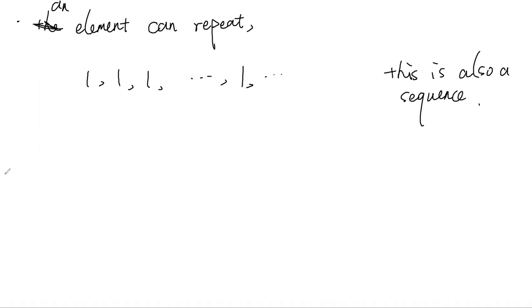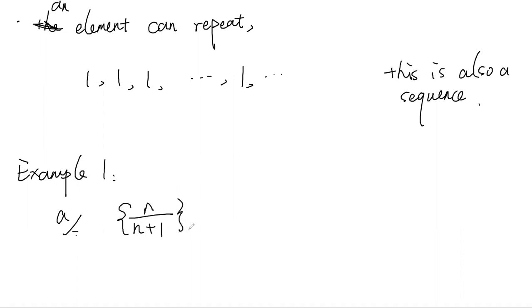So let's see a couple of examples. Usually the sequence is described by a function f of n, for example the sequence n divided by n plus 1, from 1 to infinity. This formula always represents the nth term.